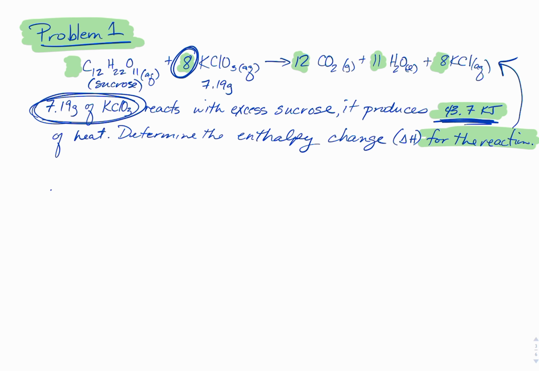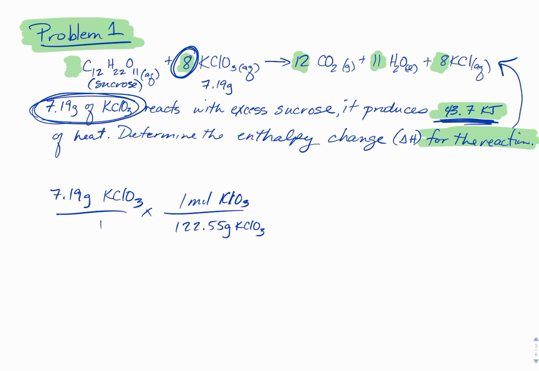So we start with 7.19 grams of potassium chlorate, and we're going to convert that to moles. Potassium chlorate's molar mass is 122.55 grams, and that is equivalent to 1 mole of KClO3.